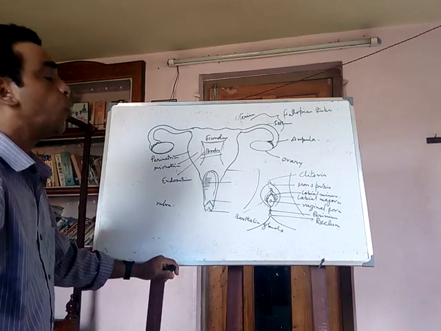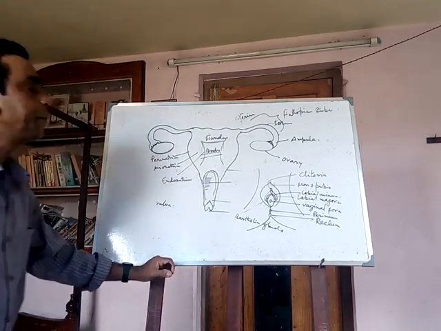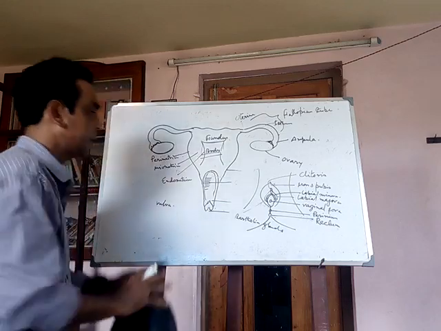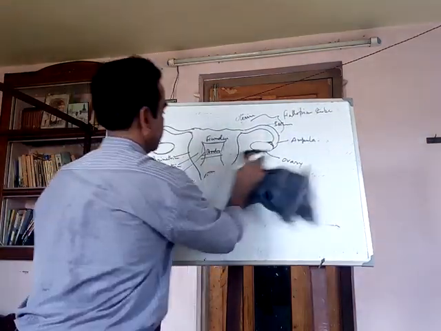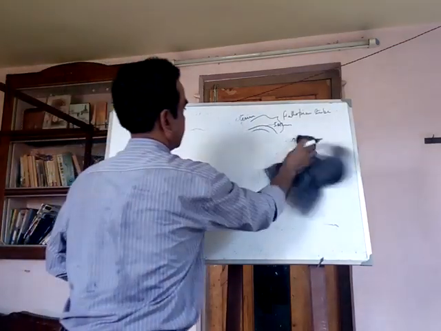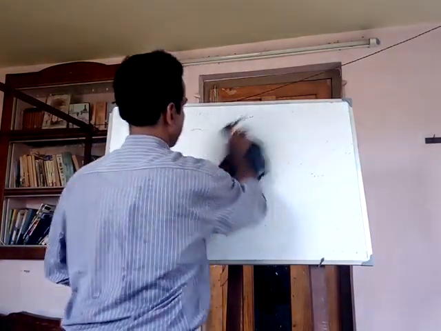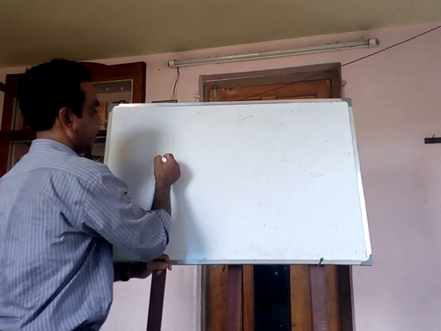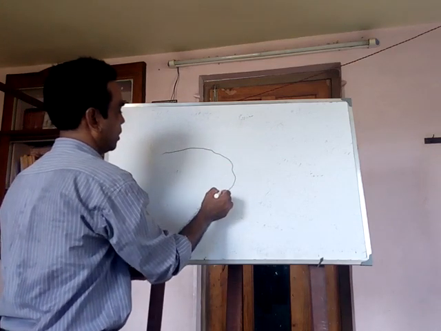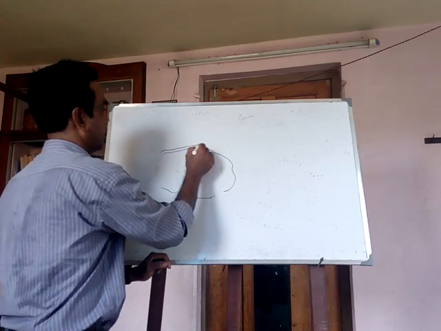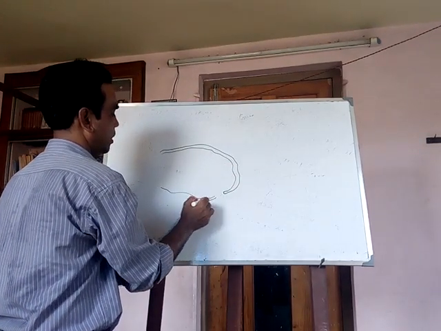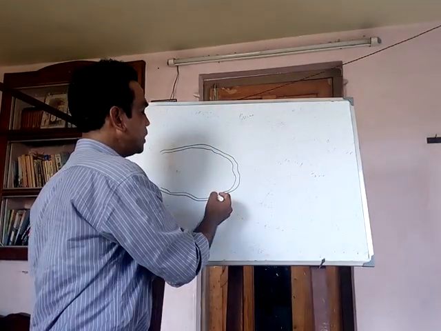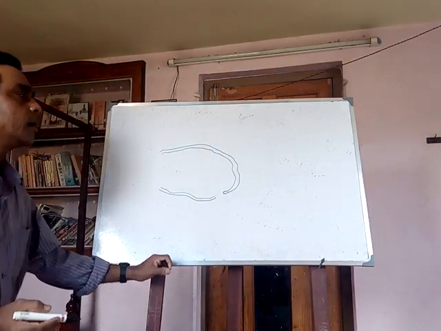Here I discuss the ovary. What is the ovary? The ovary is the main sexual organ of the female body. I can discuss the layers of the ovary gradually.